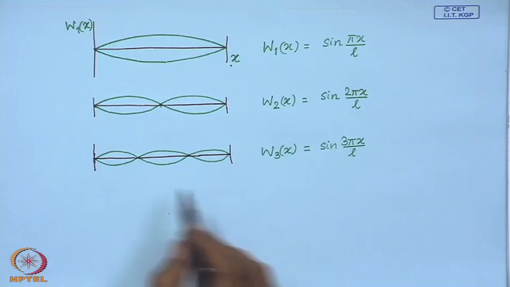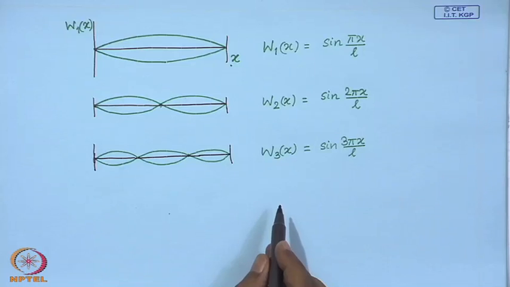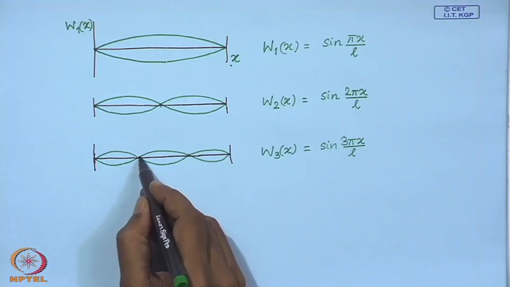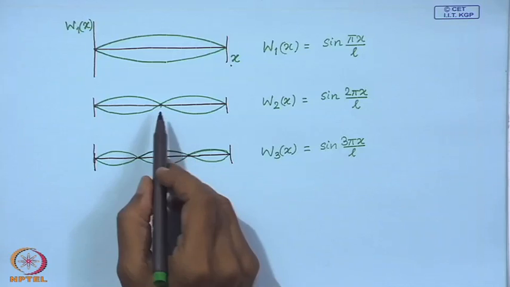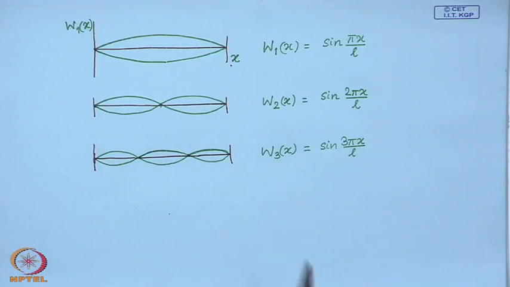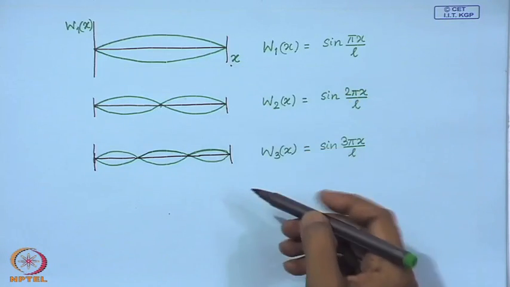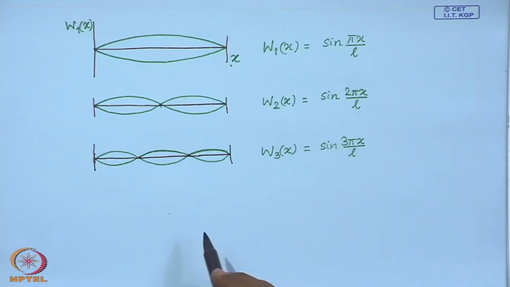So, the mode shape is defined by these eigen functions. So, you have two nodes here, one node here and no node in the first mode. So, this is the same as that of the string. Now, let us see what happens as we go to higher modes.